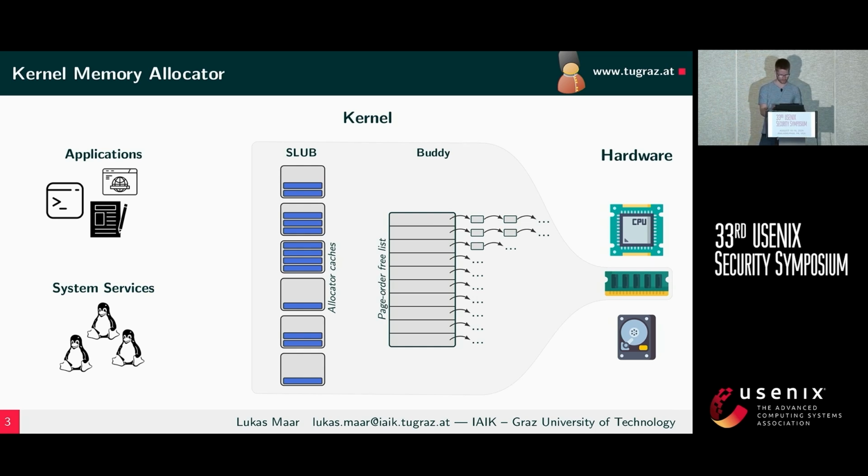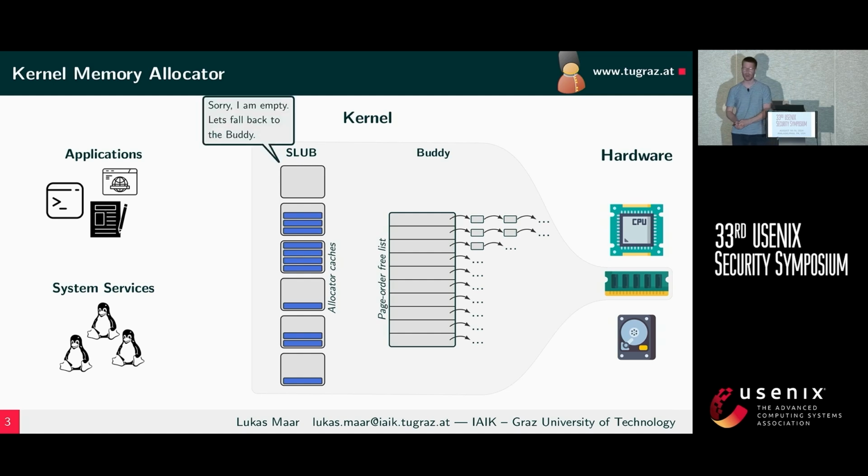When an application requires kernel memory, such as for an object allocation, the object will be allocated via the slub allocator. So the slub allocator returns 1 free and available memory slot for the application. If the application requires a second object, the slub allocator returns a second object.